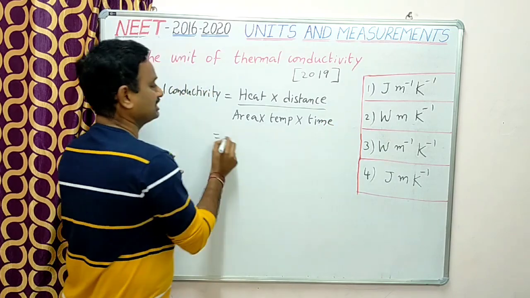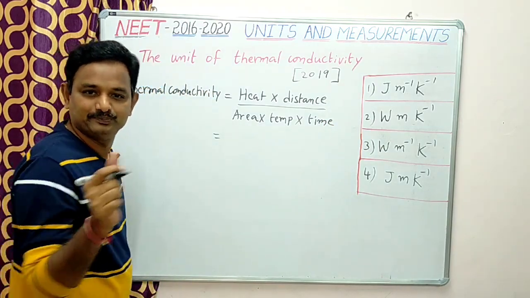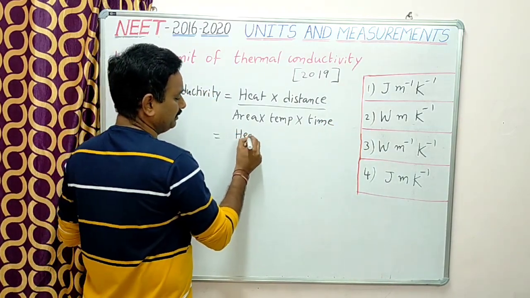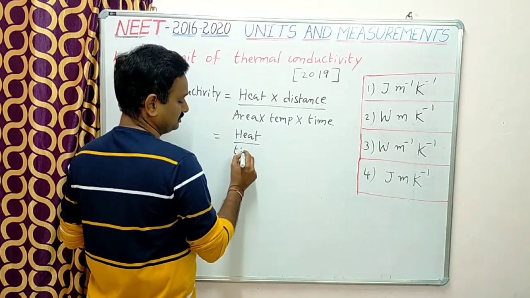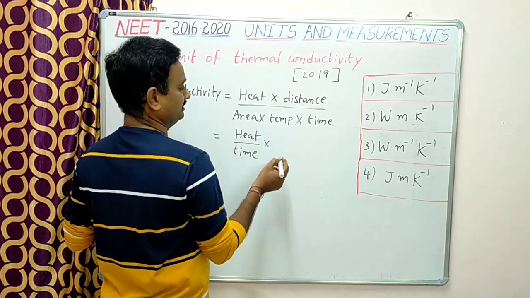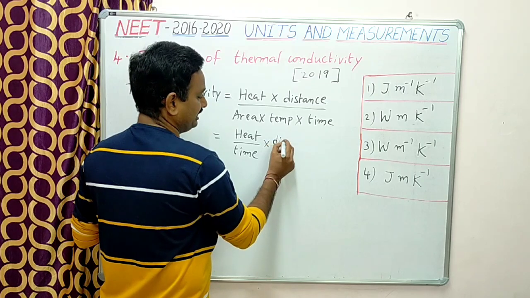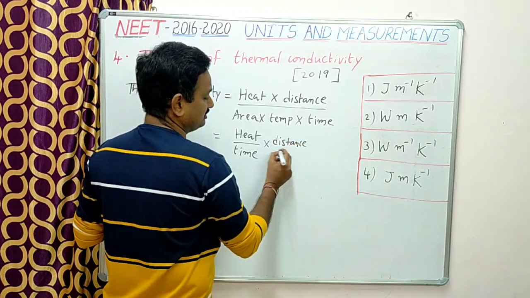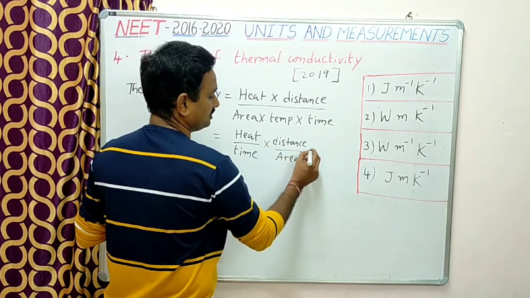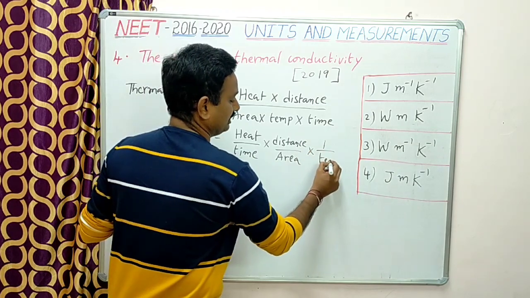Okay. First I will write heat by time. Look at here. Heat by time. Next I will write distance by area. Next I will write 1 by temperature.